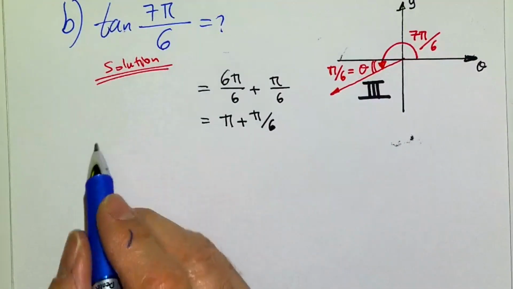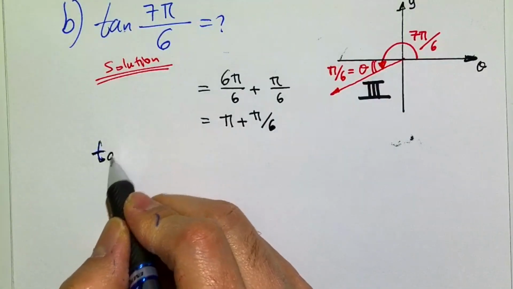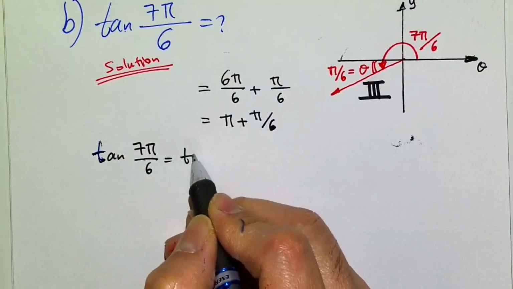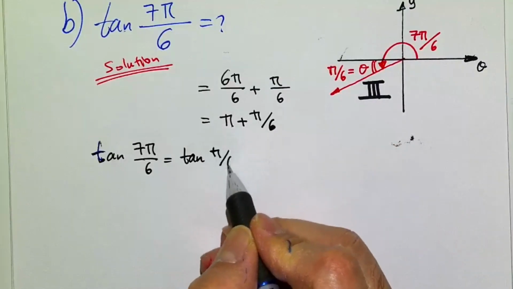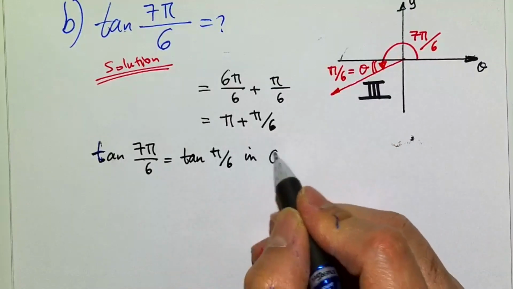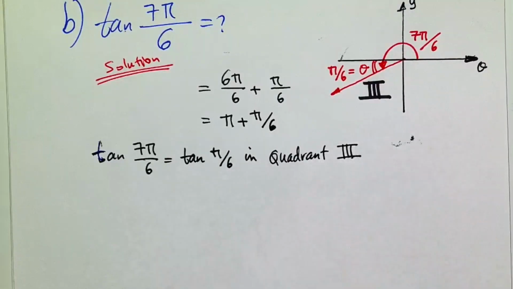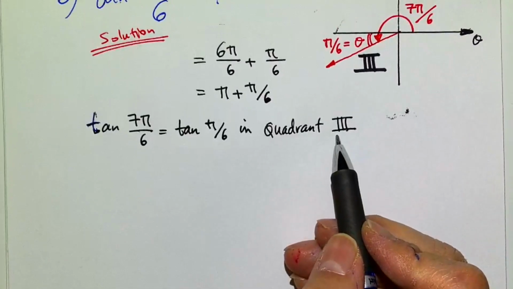So tangent of 7 pi over 6 is equal to tangent of our reference number, pi over 6, in quadrant 3.